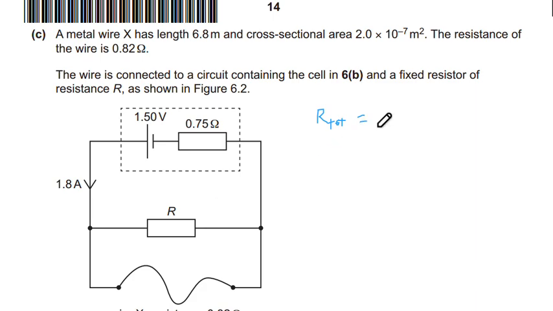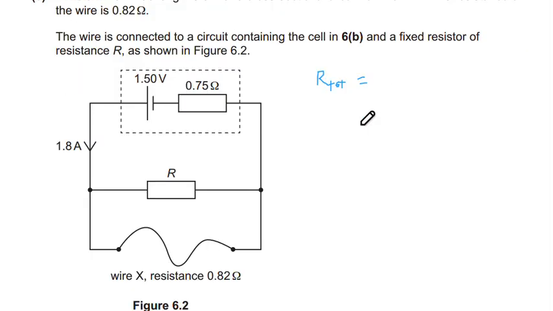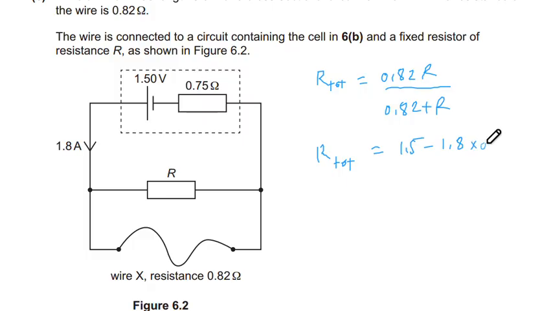It will be this R times the resistance of the wire, divided by the sum. At the same time, R total is equal to the terminal potential out of the battery, which is VB minus current in circuit times internal resistance, which is potential drop across the internal resistance.